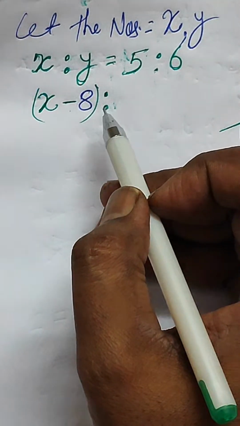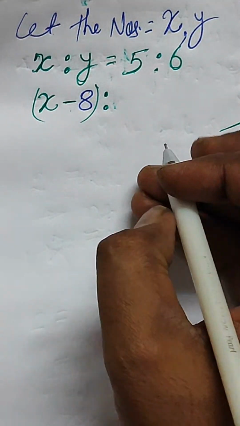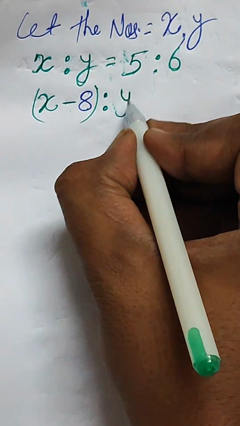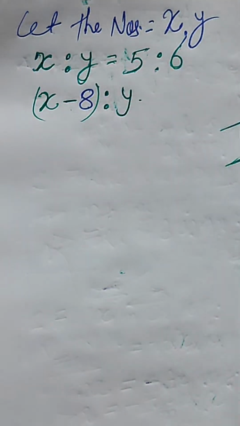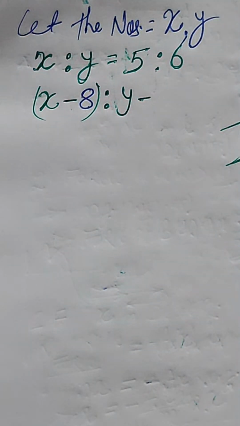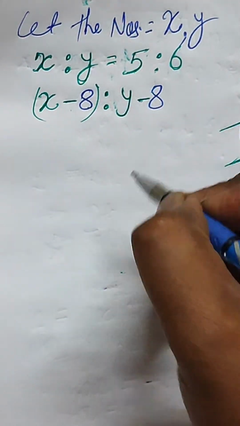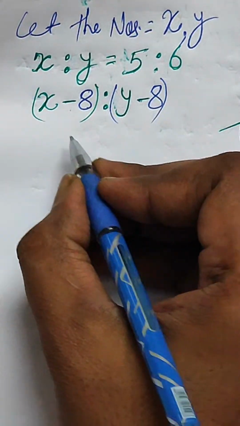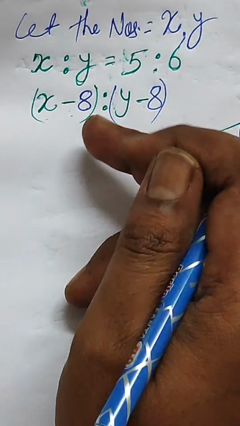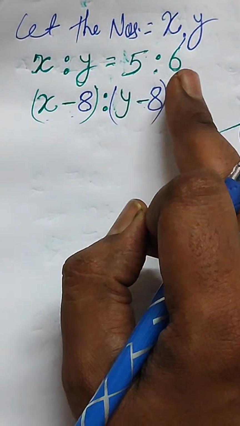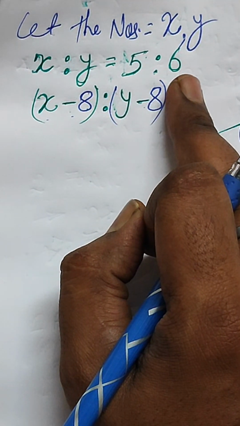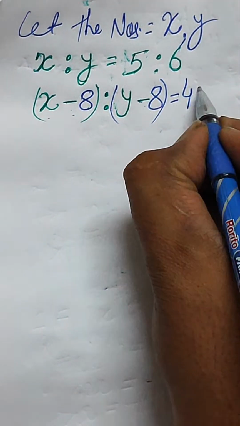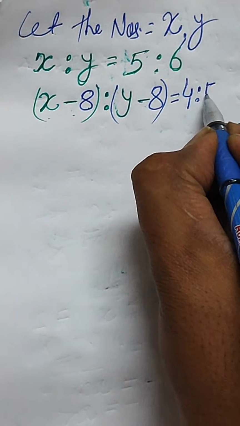So it's given that if 8 is subtracted from each of the numbers, x will be x minus 8 and y will be y minus 8, right? So if 8 is subtracted from each number, the ratio becomes 4 is to 5.